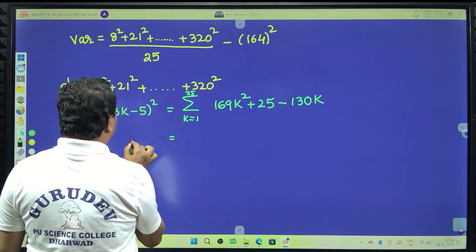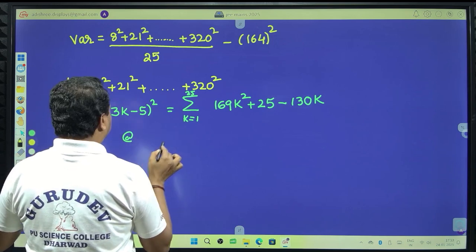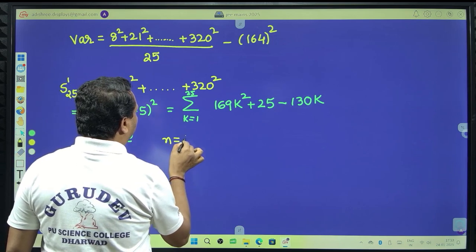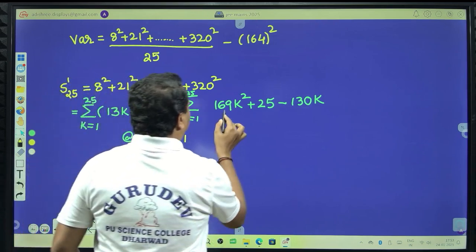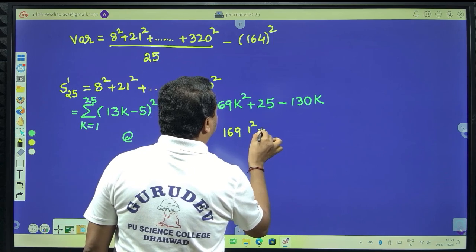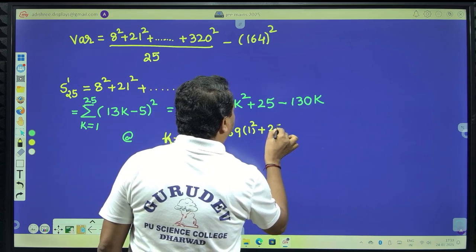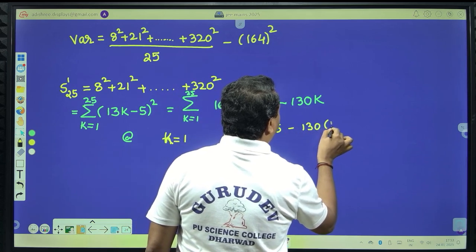Now, if you go on substituting k equal to 1, what will I get? 169 into 1 square plus 25 minus 130 into 1.